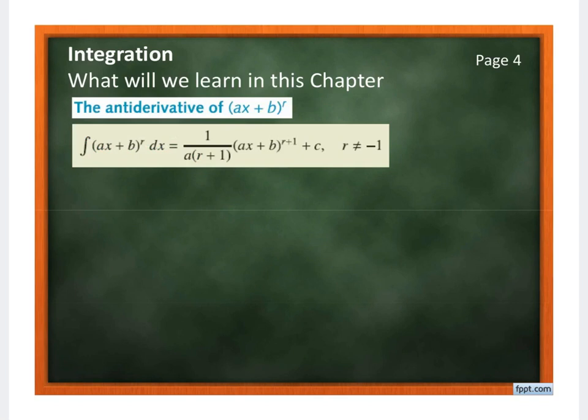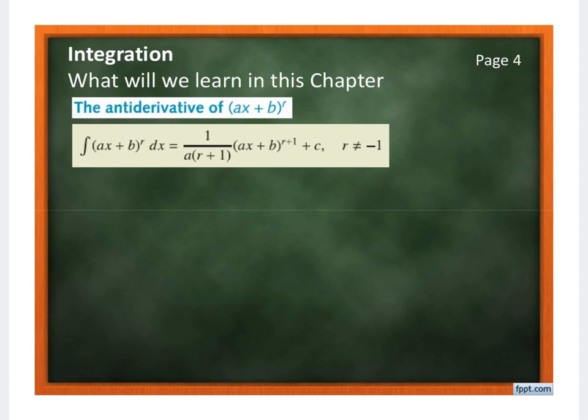For the antiderivative of, in parenthesis, ax plus b to the r power, the antiderivative equals 1 over a, in parenthesis, r plus 1, multiplied by, in parenthesis, ax plus b to the r plus 1 power, plus c, and r is not equal to negative 1.